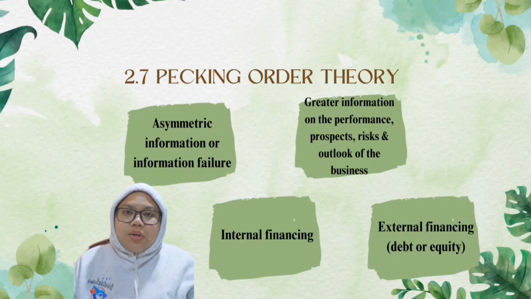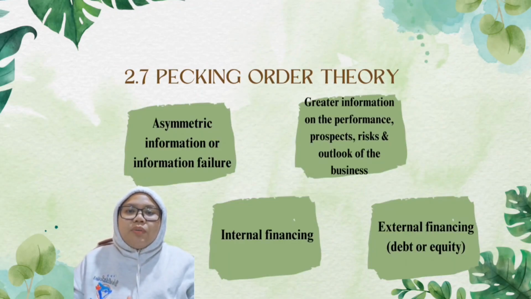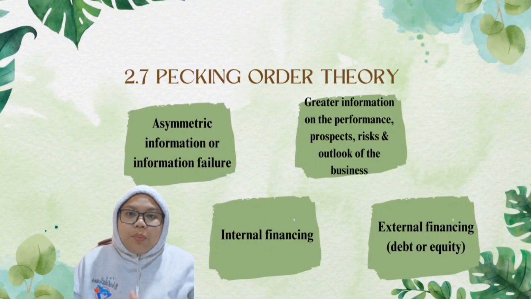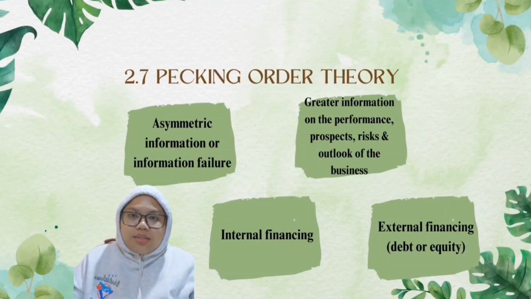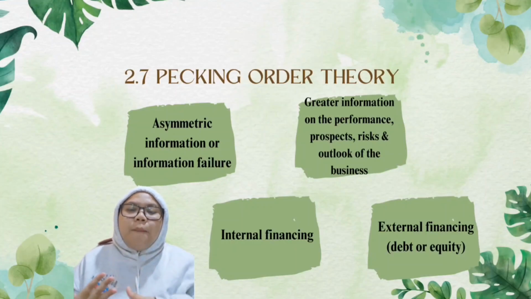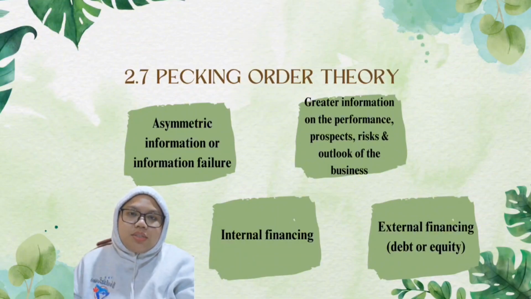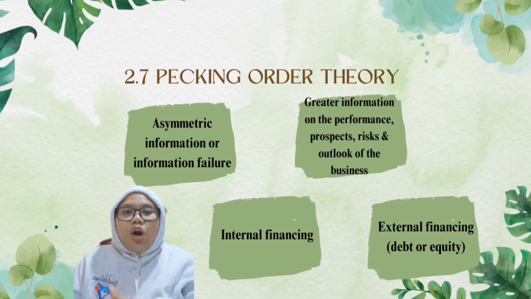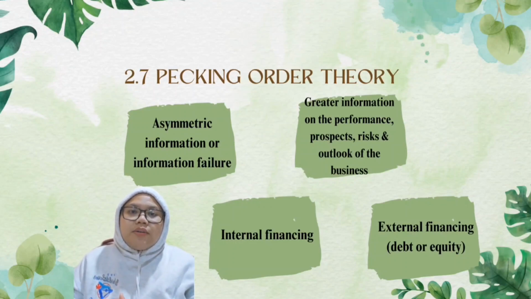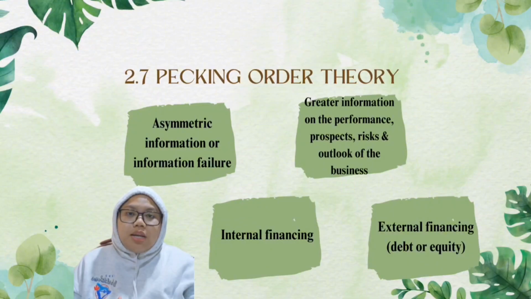Next, pecking order theory. The capital structure of a business is related to the pecking order theory, sometimes referred to as the pecking order model. In order to finance investment opportunities, managers prioritize using the company's retained earnings first, then debt, and finally equity financing, according to the pecking order idea. The pecking order theory arises from the idea of asymmetric information.